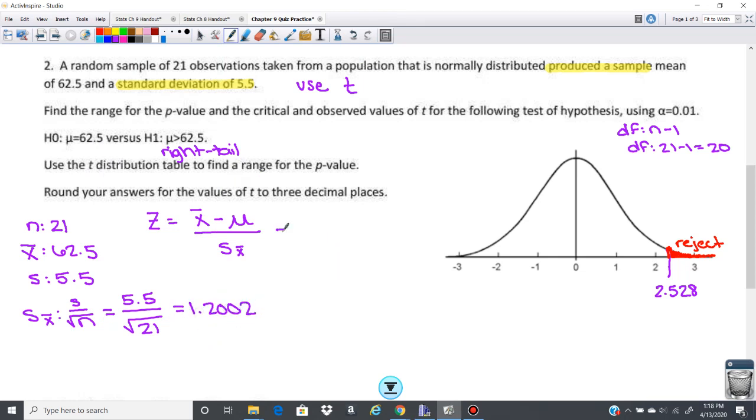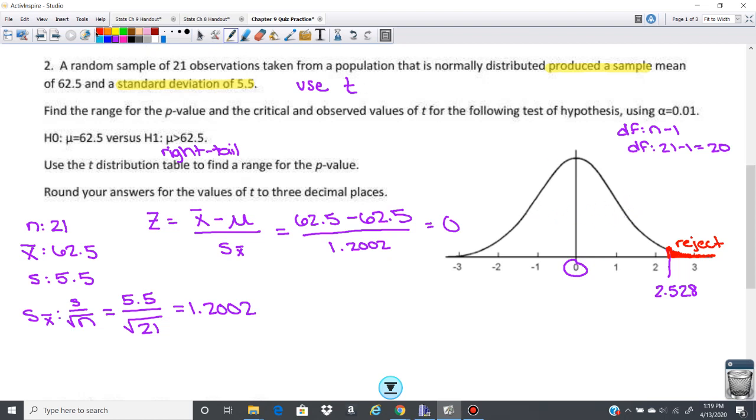Okay, so let's plug those in. So my x bar is 62.5. My mean is 62.5. Well, I didn't really even need to find the standard deviation in that case. But this is over 1.2002. My test statistic here is 0. 62.5 minus 62.5, 0. So this is my test statistic, 0, this is in my non-rejection region.